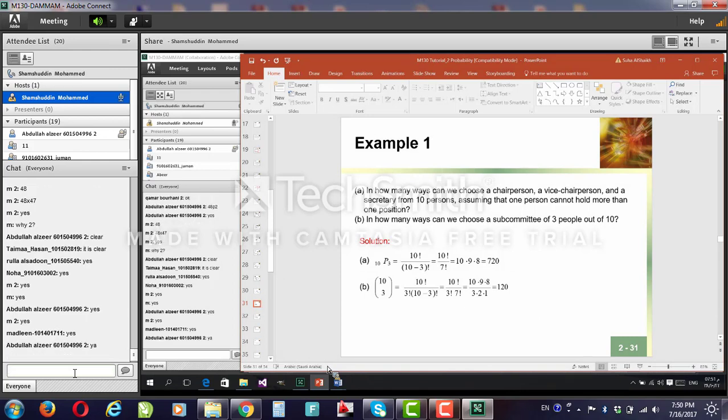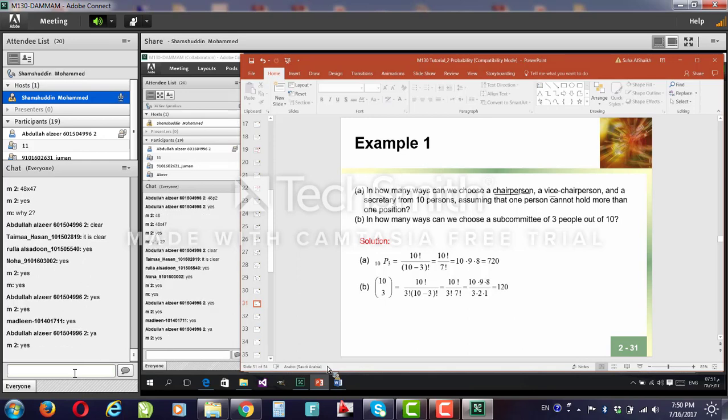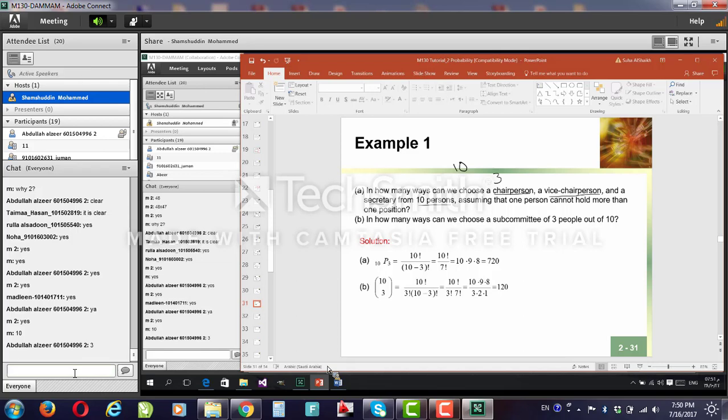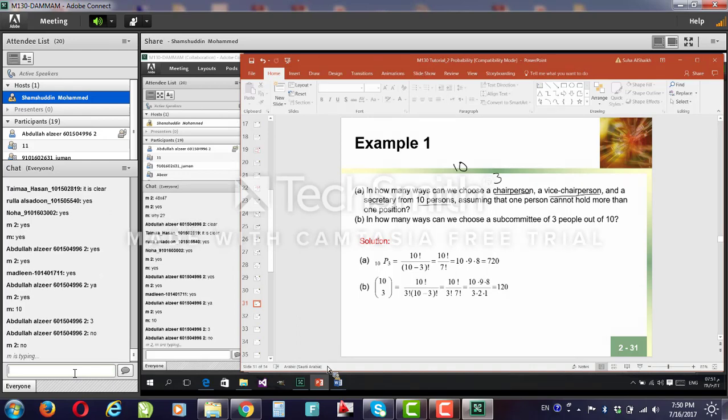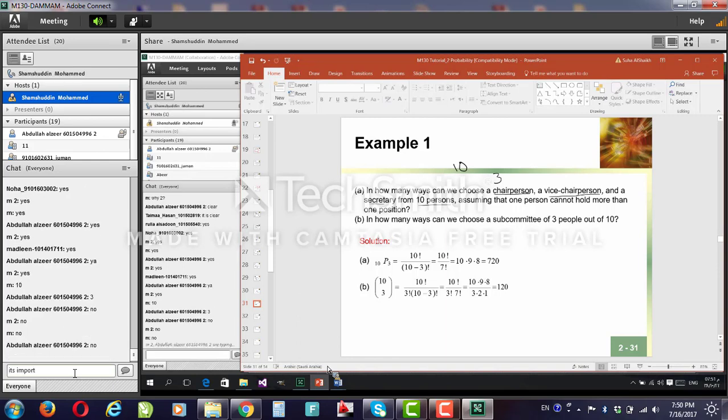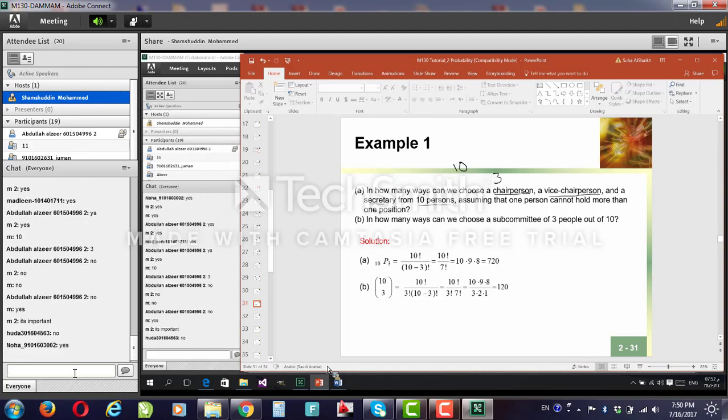Example now. In how many ways can we choose a chairperson, vice chairperson, and secretary? How many am I choosing? I'm choosing 3 out of 10. Is the order important or not? Yes, the order is important. One is chairperson, the second is vice, and the third is secretary, so of course the order is important here.